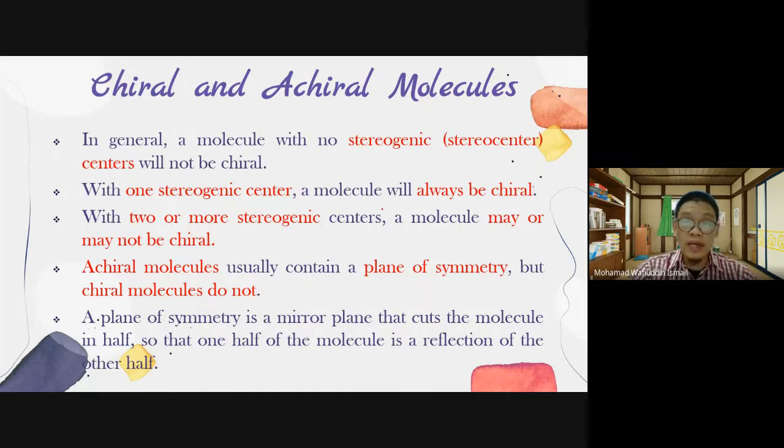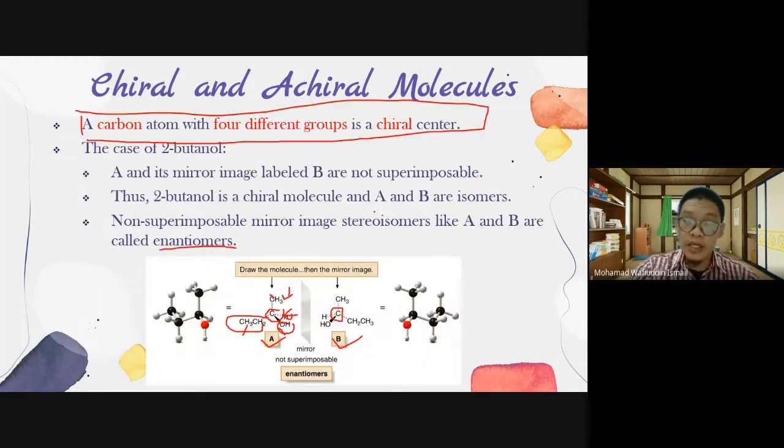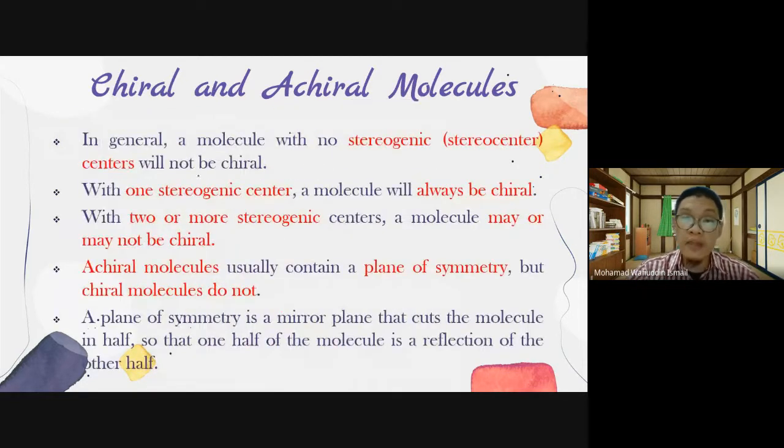When we have a stereogenic center or stereocenter, the carbon that we chose here is a stereocenter. Once we have identified that the carbon is a stereocenter, the molecule will be chiral. With one stereogenic center, a molecule will always be chiral. With two or more stereogenic centers, a molecule may or may not be chiral. So what is the difference between these two statements? With one stereogenic center, a molecule will be chiral.